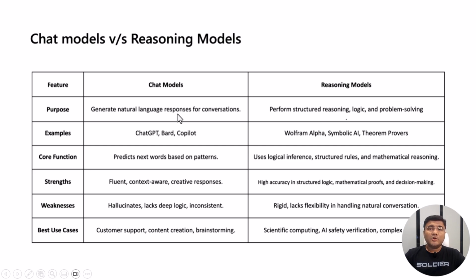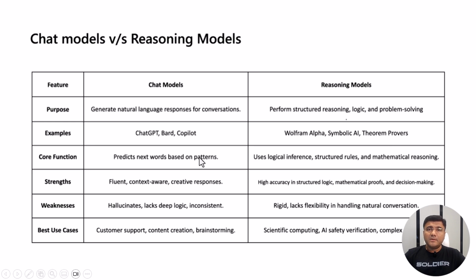Chat models help you in natural language conversation, because they are best for responses based on your natural language conversation. On the other hand, reasoning models help you in performing structured reasoning, logic, and problem solving. Some examples of chat models are ChatGPT, Bard, Copilot, and so on. And some examples of reasoning models are the O1 model, DeepSeek R1, or symbolic AI kind of models.